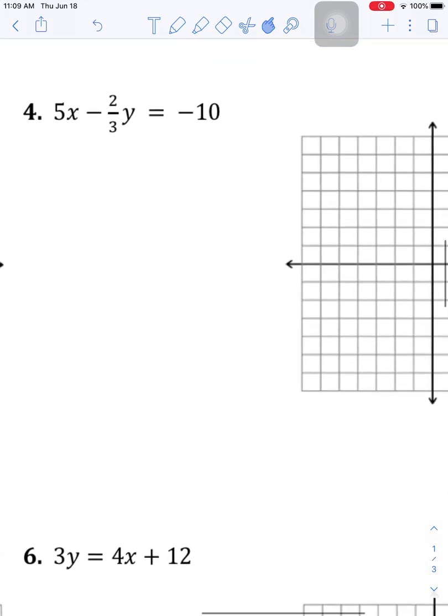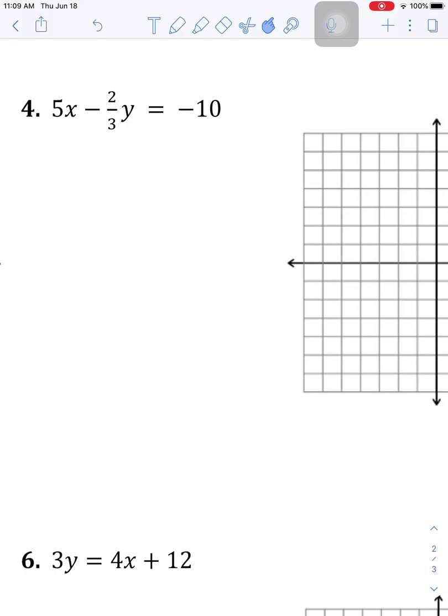All right, number 4, copy down 5x minus 2/3 y equals 10. Now you may notice you have a fraction. Again, you can choose to work with that fraction if you want. Otherwise, if you think back to when we solved equations, you might remember that it's often easiest to eliminate the fraction by clearing it.